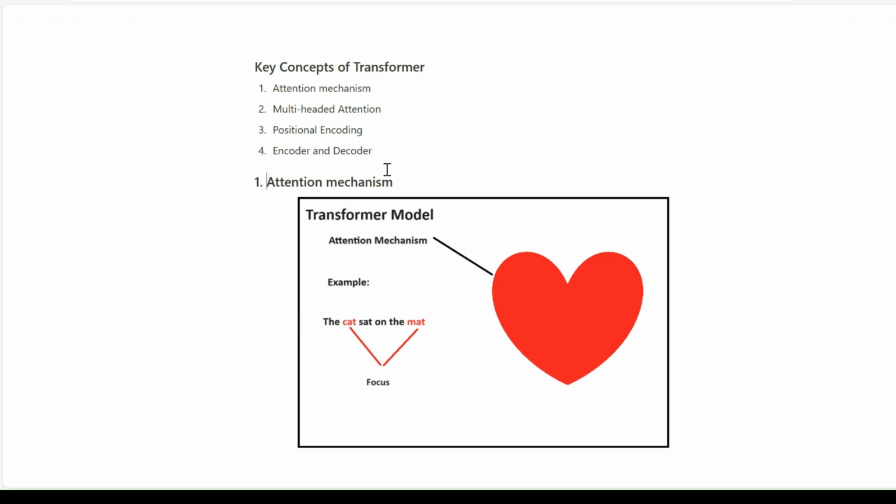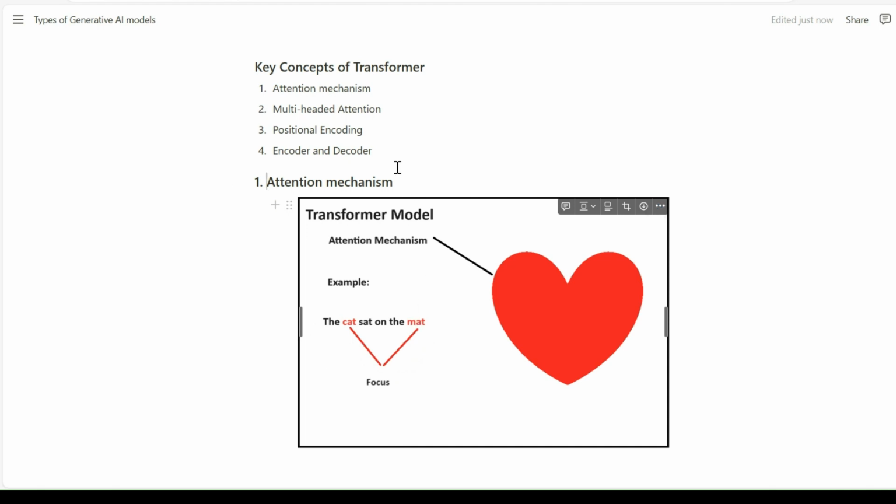The attention mechanism is the heart of the transformer. It allows the model to focus on different parts of the input sequence when predicting each part of the output sequence, much like you focus on different words in a sentence to understand its meaning. For example, here you can see this sentence: the cat sat on the mat. It focuses on the important words. That's how the attention mechanism works.